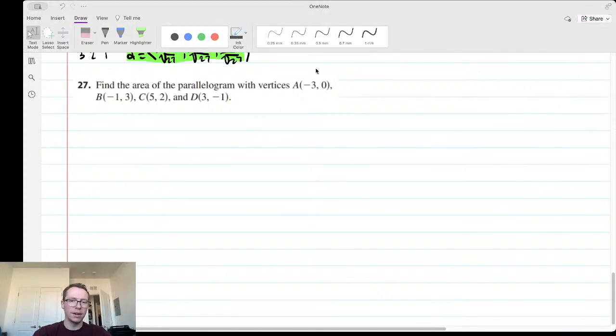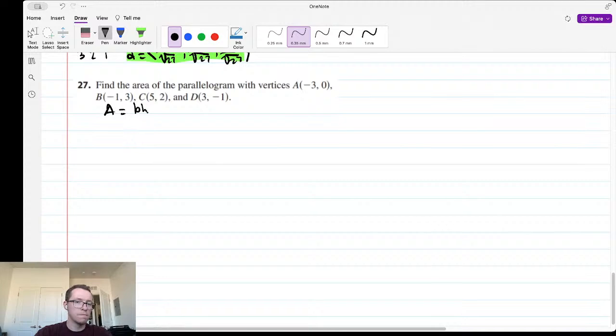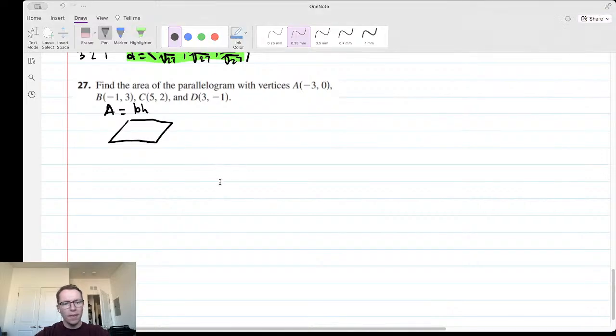So the area of a square, can anyone guess what the area of a square is? Base times height. Yeah. So because we have a parallelogram, the only hard part is going to be figuring out the distance between them, but it's really not that hard.